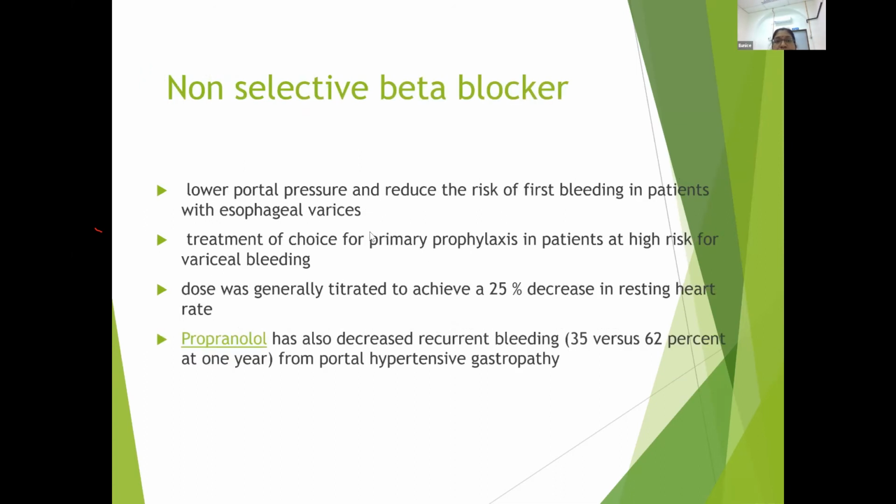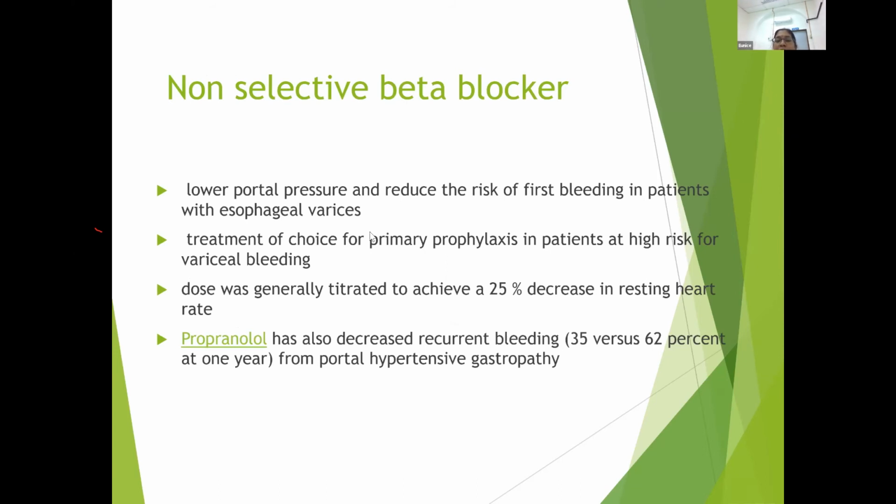Okay, so the non-selective beta blocker propranolol lowers the portal pressure and reduces the risk of first bleeding in patients with esophageal varices, and it's the treatment of choice for primary prophylaxis. In a high-risk patient who has had a variceal bleed, generally the dose will be titrated to achieve a 25% decrease in resting heart rate.